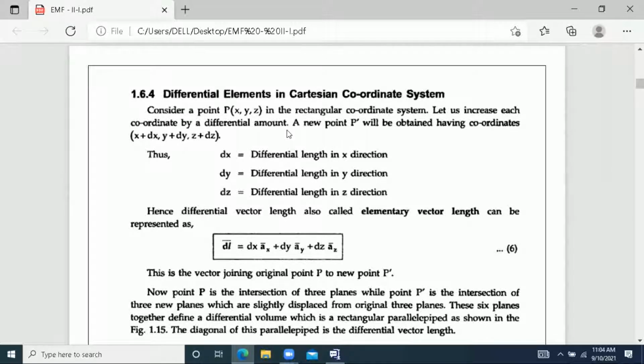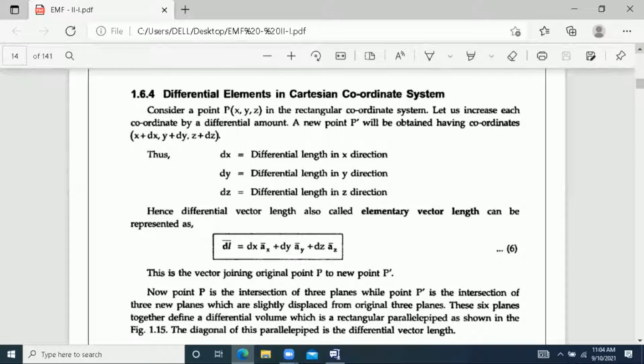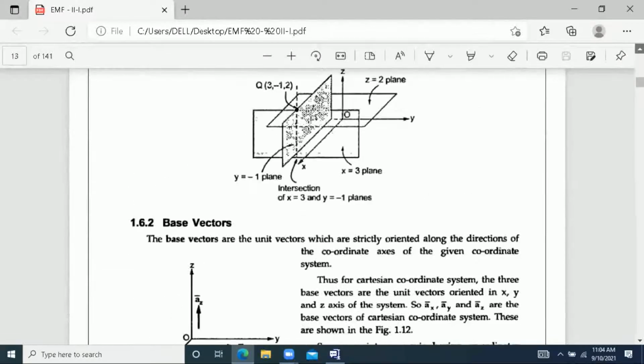But in the three coordinate system, because now we are representing a point in the X, Y, and Z. Let's go back up here and look at it.